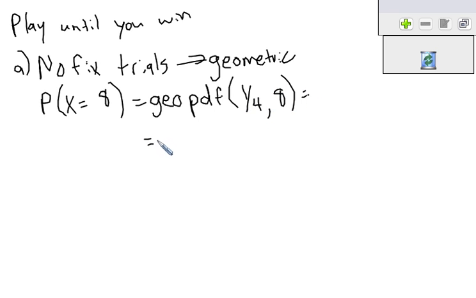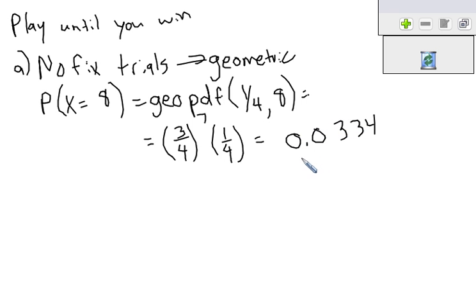Or you could just use the formula because it's pretty easy. Your probability of not winning is 3 in 4, to the 7th power, times 1/4, and you get the same answer either way, which is 0.0334. So a 3.34% chance that he would not win until his 8th ticket.